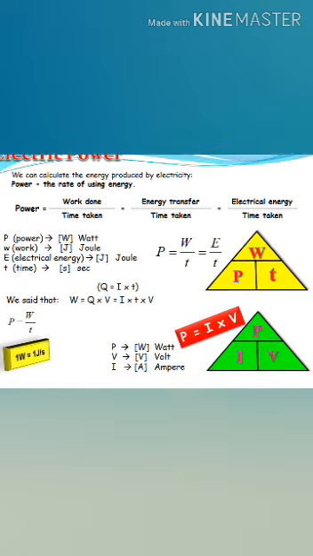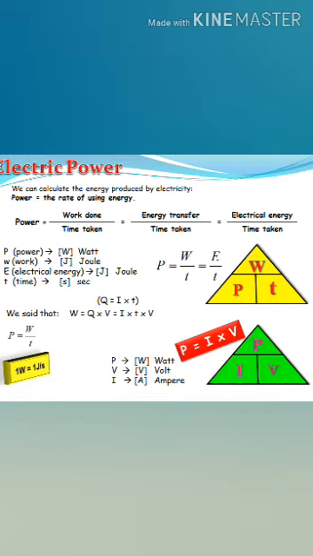What is called electric power? We can calculate the energy produced by electricity. Power equals work done by time equals energy transfer by time taken equals electrical energy by time taken. Here P equals power, W equals work, E equals electrical energy, T equals time in seconds.